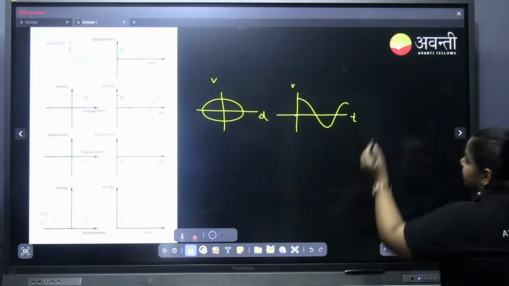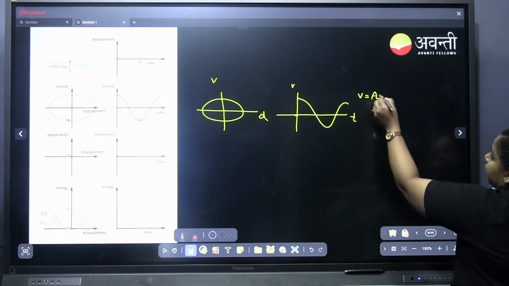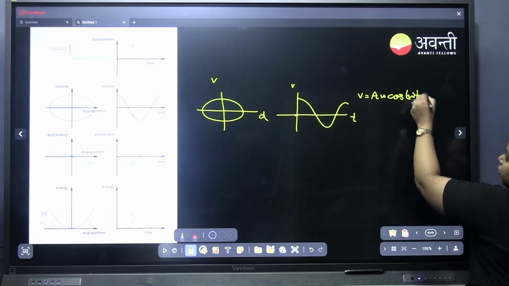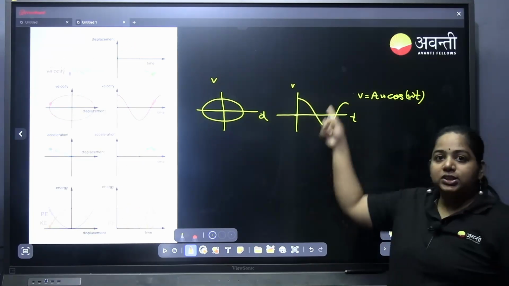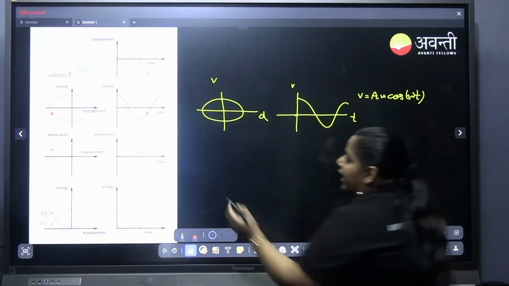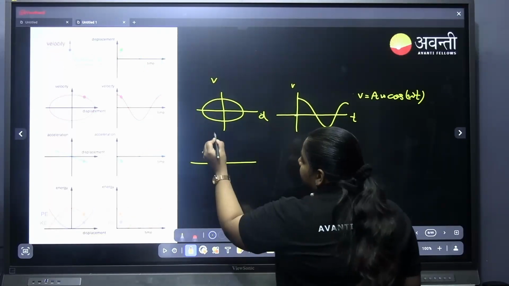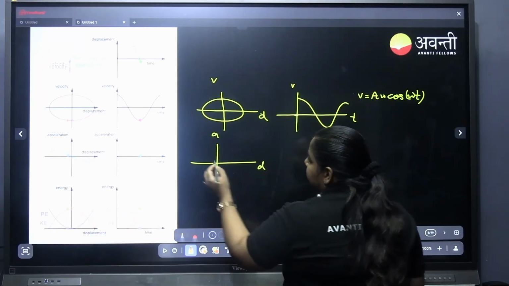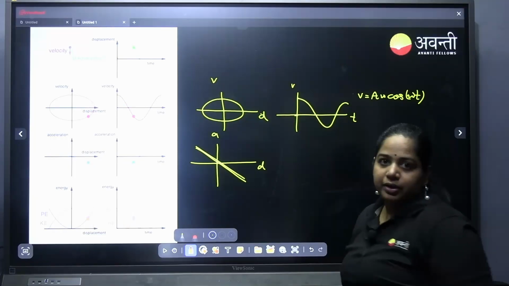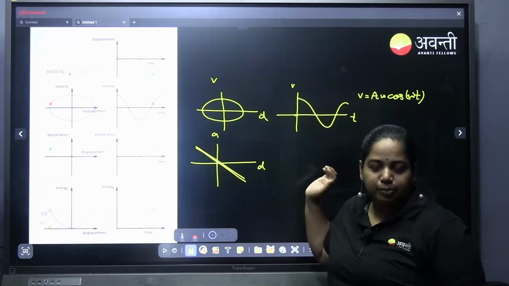You can also see that V equal to A omega cos omega t. This was our formula, right? So, the cos theta graph we have to draw for velocity. Now, the acceleration versus displacement graph is like this, a straight line with a slope. Acceleration versus displacement.